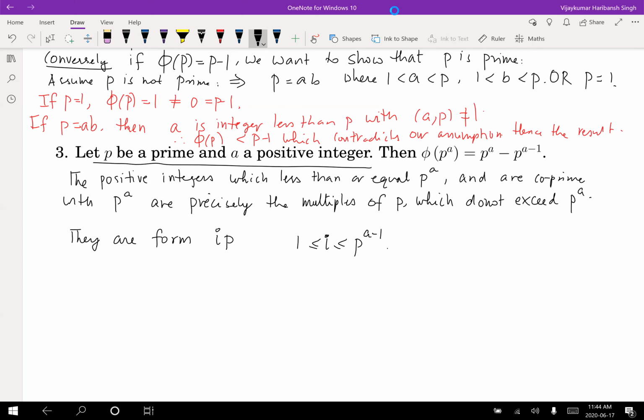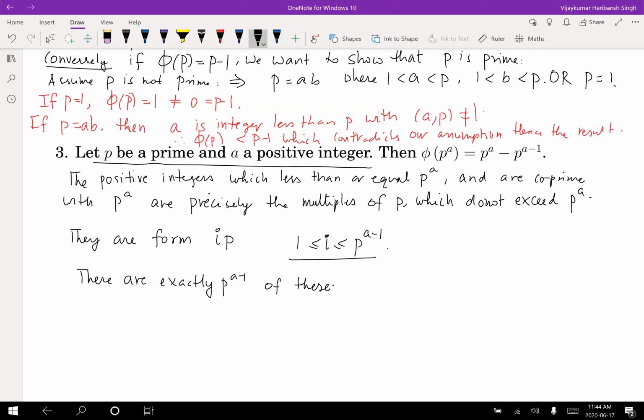And there are how many of these? All these choices are okay. So there are exactly p to the power a minus 1 of these.